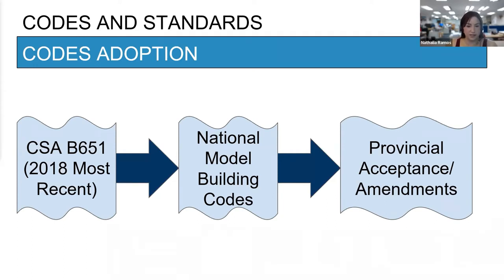The standard B651 is already referenced in the National Building Code, as well as underpinning the Rick Hansen Foundation Accessibility Certification. The National Building Code states general building rules of Canada, and from there we have each provincial building code with amendments and rules specific to each region.